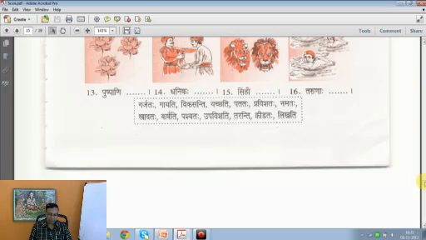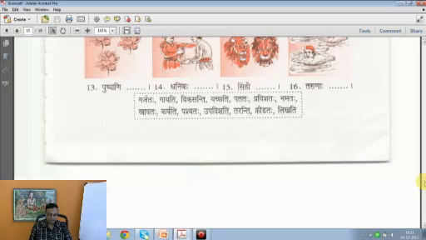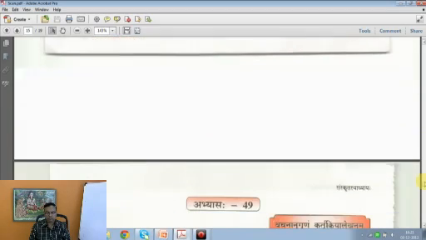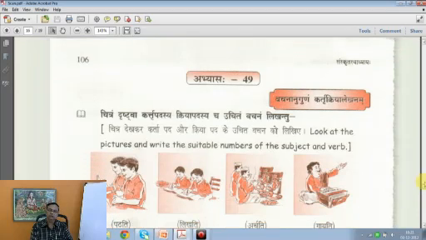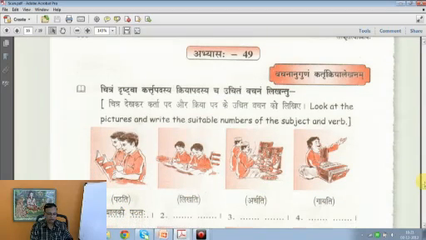Whether it is harinau, whether it is pushpani, verb is the same. Pushpani vikasanti. Harinaha dhavanti. So the verb has no change with the gender in English. So is in Sanskrit. But in other Indian languages, the verb has to be in agreement with the gender of the noun. Page 106. Next Abhyasa 49.